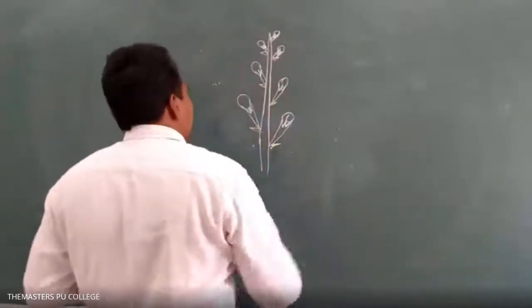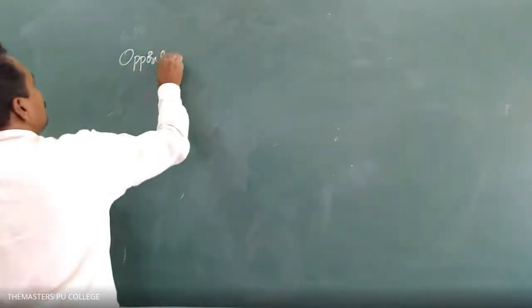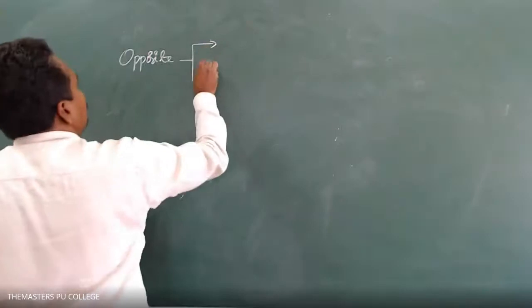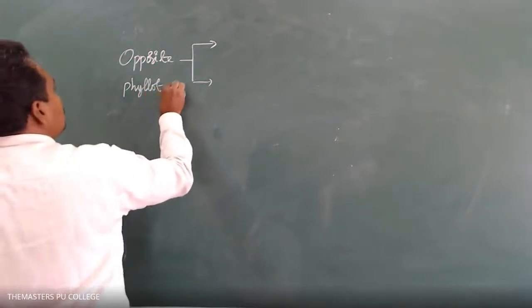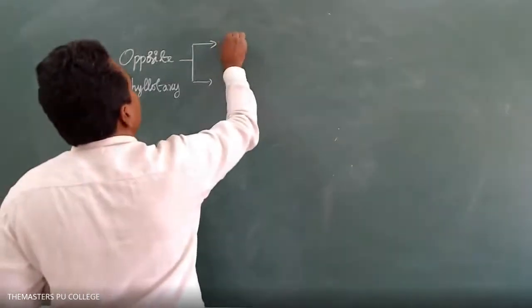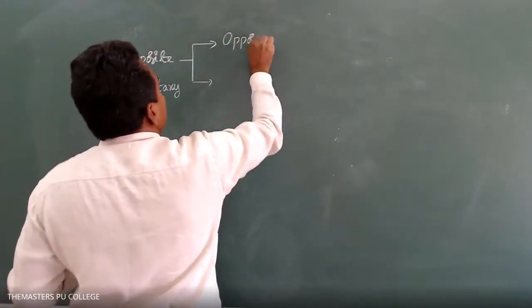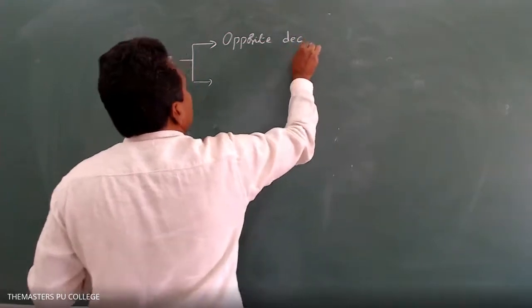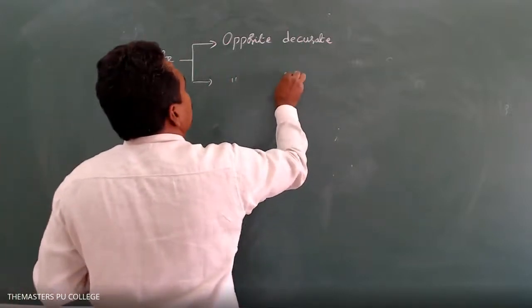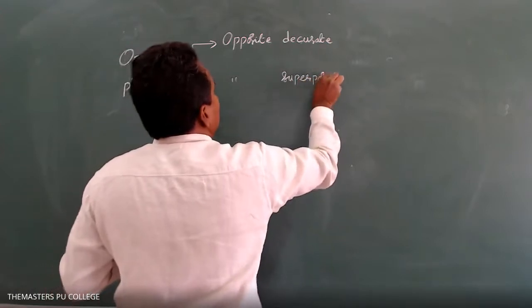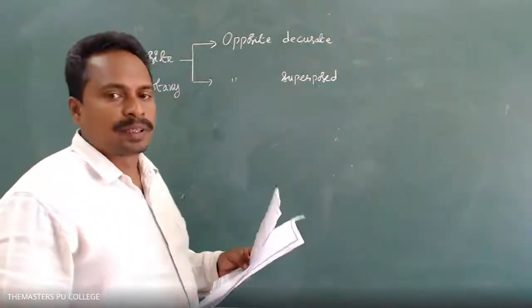Decussate means... how many leaves are arranged from each node in opposite phyllotaxy?